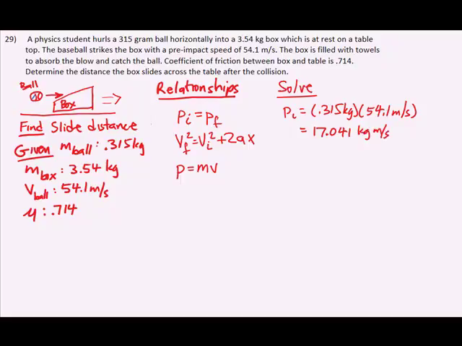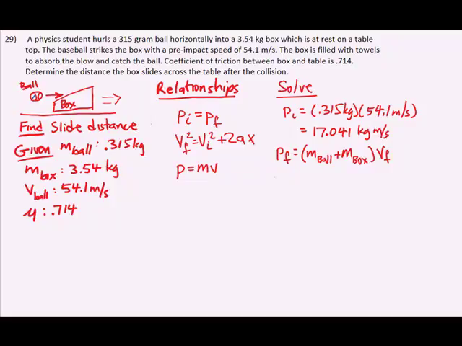There is no momentum from the box because it's at rest. Our final momentum, we know that box and ball stick together, so that's going to be equal to the mass of the ball plus the mass of the box times that final velocity. Remember, this is the final velocity that will become the initial velocity when we start sliding.